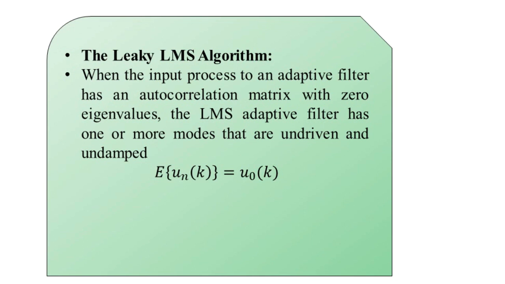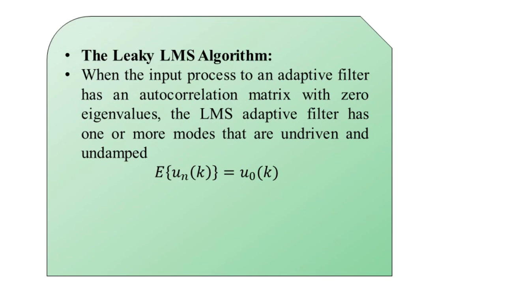Now there is one solution, or one way to accomplish this particular task, that is to introduce a leakage coefficient. The leakage coefficient can be denoted in the earlier expressions of the LMS algorithm by the Greek symbol gamma.